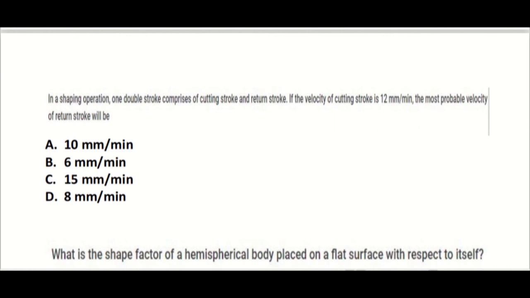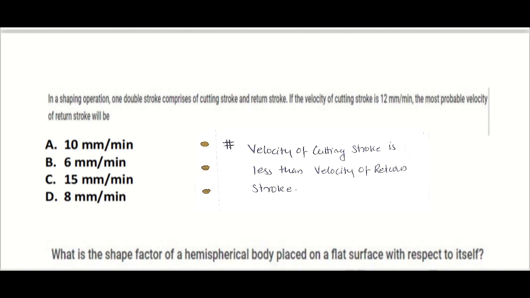Next, in a shaping operation, one double stroke comprises a cutting stroke and the return stroke. The velocity of the cutting stroke is 12 millimeter per minute. The most probable velocity of the return stroke will be... For the shaping operation, the velocity of cutting will be less compared to the velocity of the return stroke.